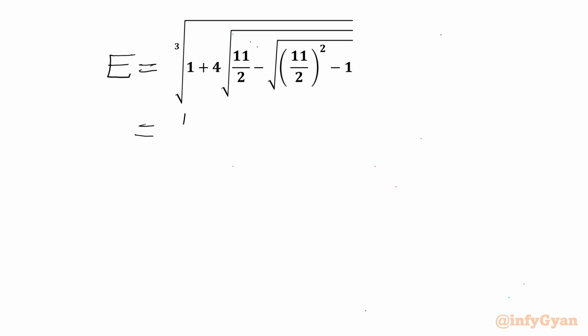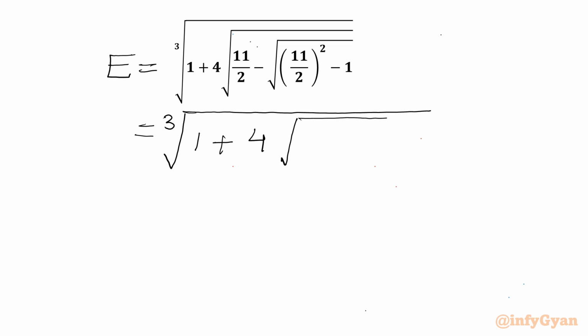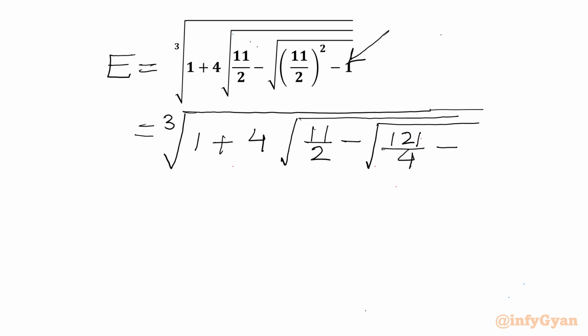So E will be equal to cube root of 1 plus 4 times square root of (11 over 2 minus square root of (11 square is 121, 2 square is 4, minus this 1 we can write 4 over 4, so that our denominator will be common)).